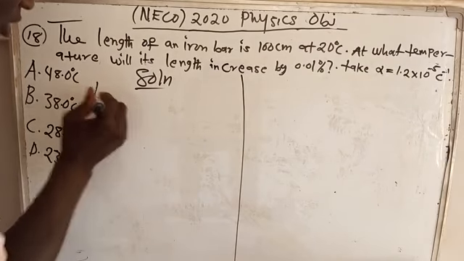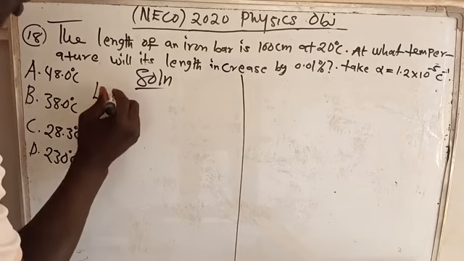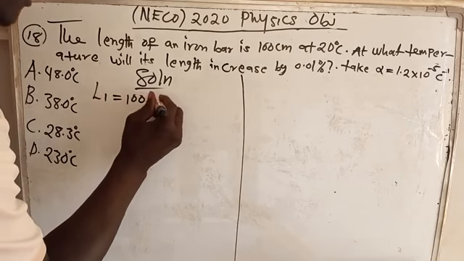We are given the initial length, which is L1, equal to 100 centimeters, and the initial temperature, T1, equal to 20 degrees Celsius.